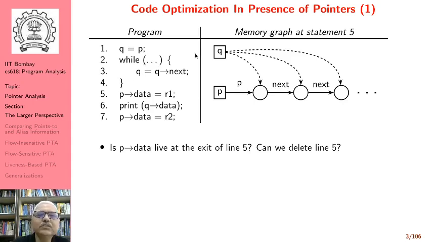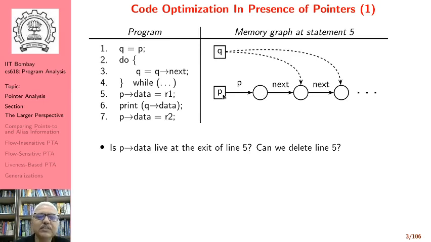And so there is a possibility that at the end of this loop, Q might point to this node, or it might point to this node, or it might point to this node, which means that Q and P may well hold the same address, and so Q and P may be aliased. Whereas when we have a do while loop, we can guarantee that Q and P will never hold the same address in this program, and they cannot be aliased.